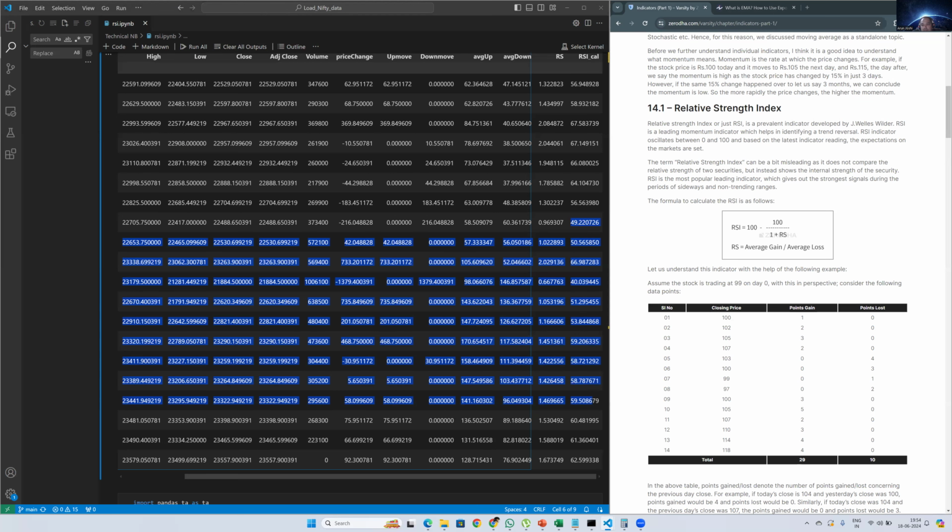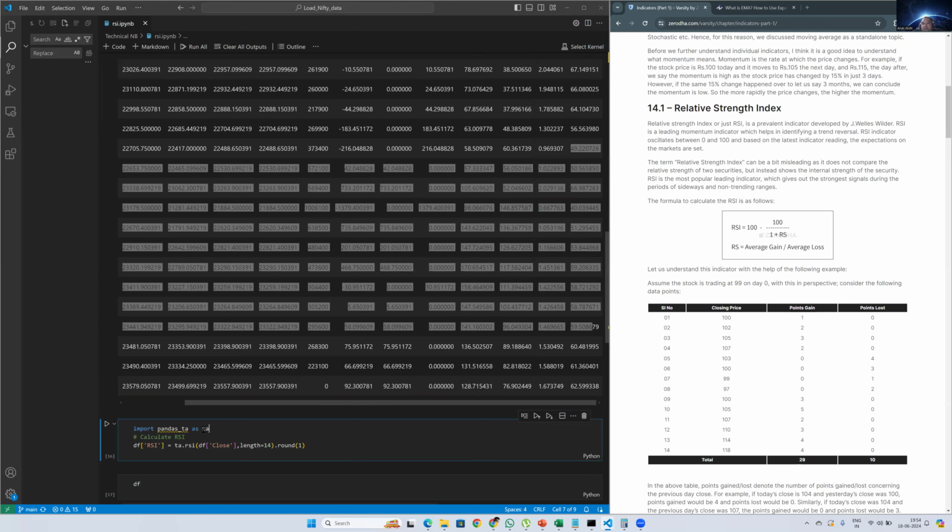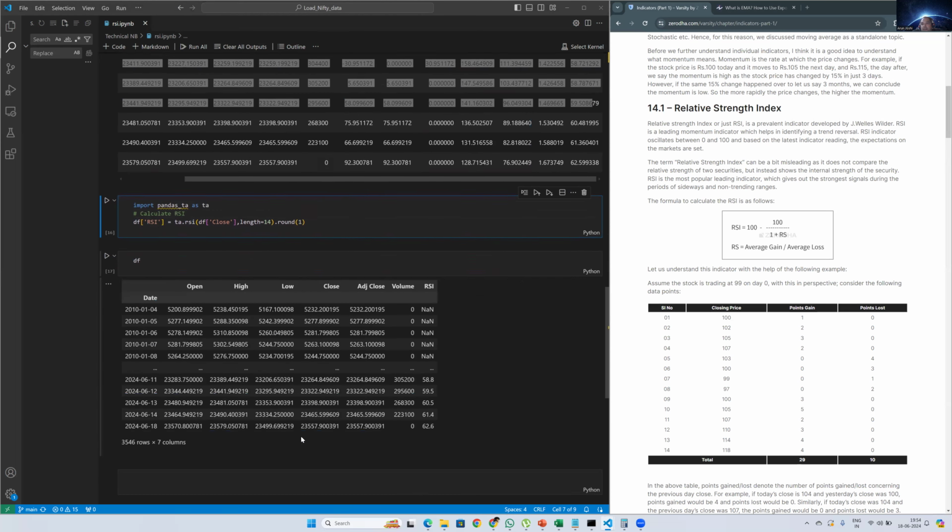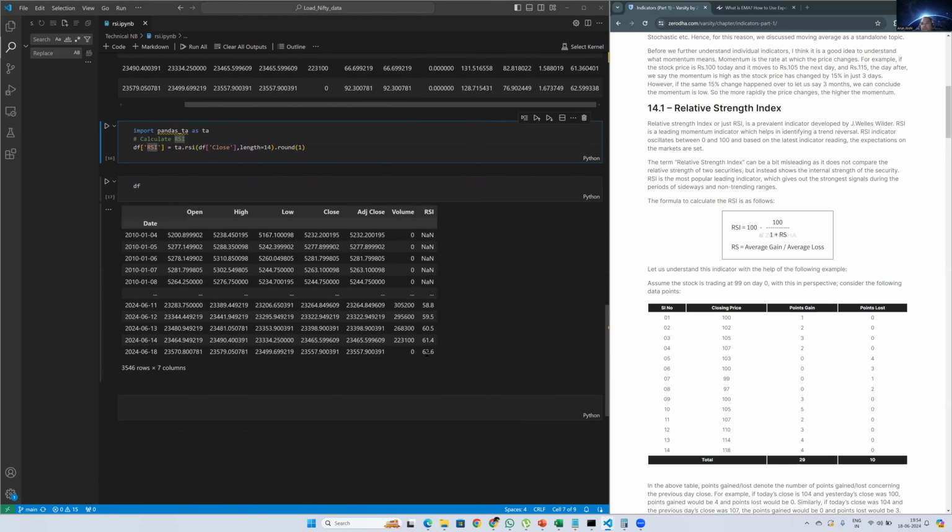And to confirm it, we can check from the library itself. I have used pandas ta here, and then I have used ta.rsi, and here you can see that it shows the same value, 62.6, 62.6.